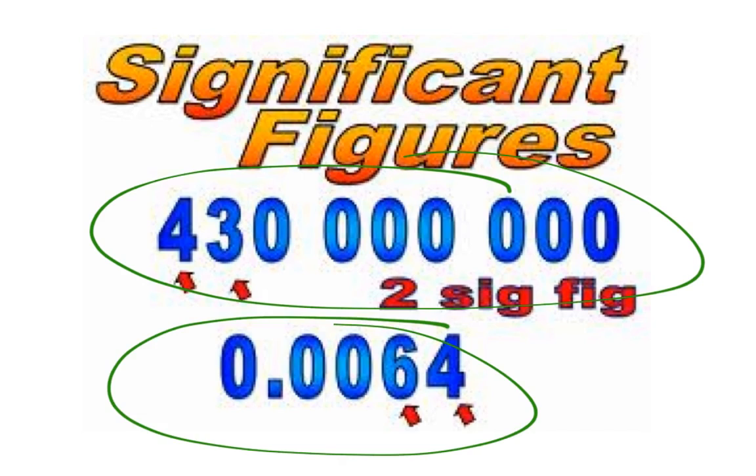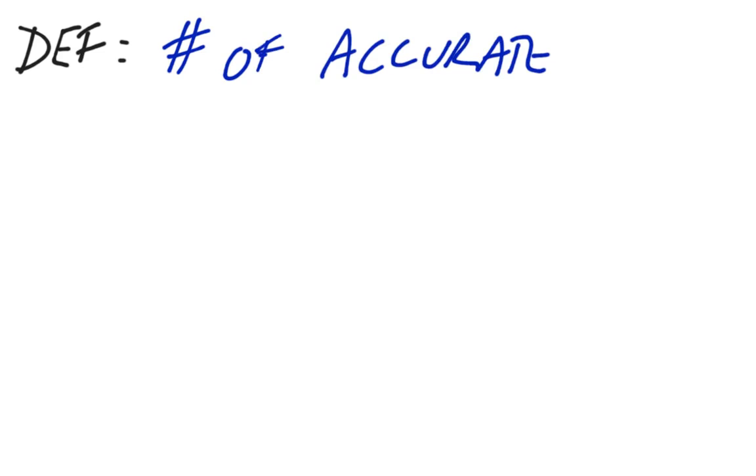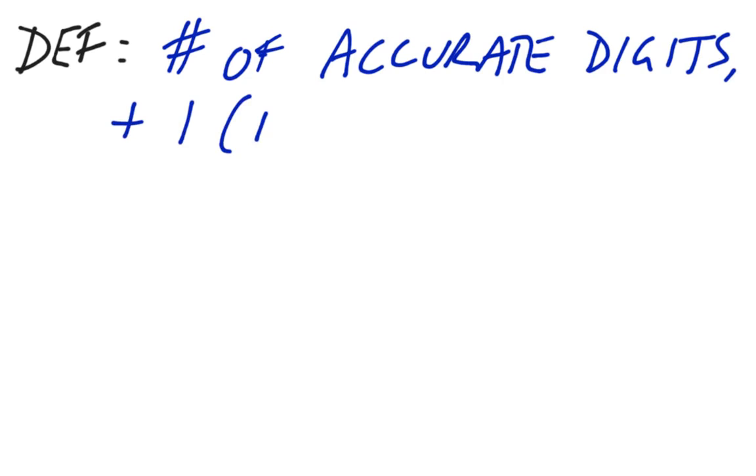Furthermore, both of these can be expressed so that they can be written with only 2 digits as a function of scientific notation. So when we're talking about significant figures, we're consisting of a certain number of accurate digits, and in the scientific community we're also going to include plus 1, and that's specifically the last rounded digit.